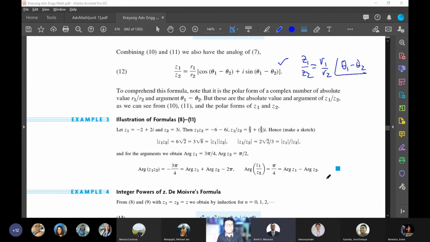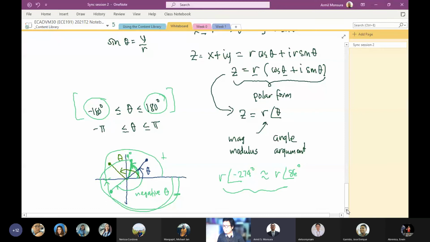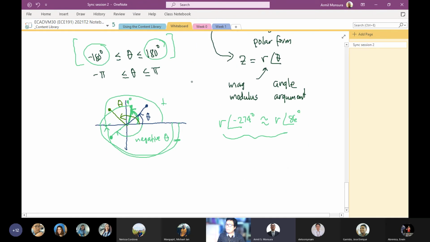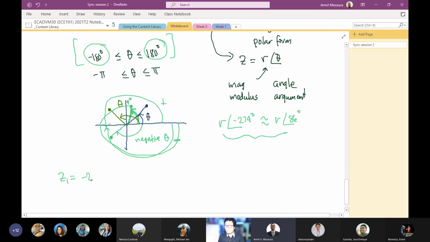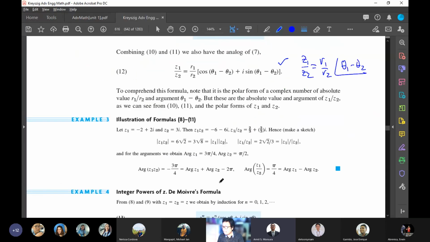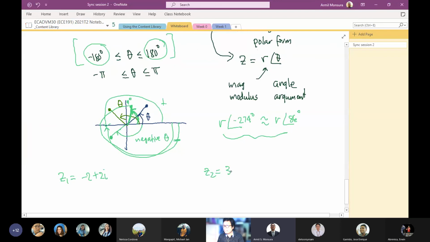Okay. So, for example, Z1 equals negative 2 plus 2i, and then Z2 equals 3i.